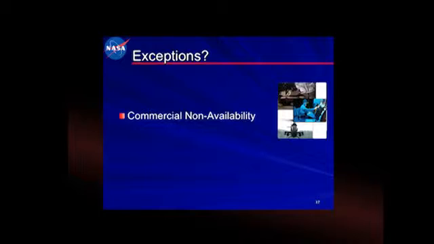Commercial non-availability. This exception, it's not really an exception, it's more of an applicability to the law. But Section 508 basically says that if procuring a product in the commercial marketplace, you have to make sure that you get the most accessible product that meets your needs. Let's say, for example, you need an email client for your center.